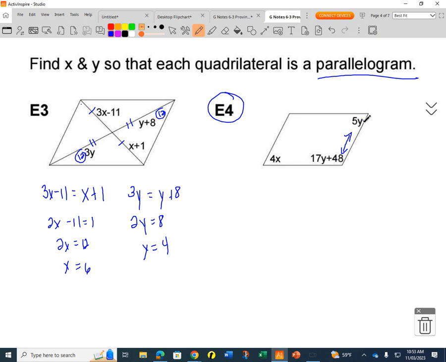Very good. So they share a side. They're consecutive. What do we learn about consecutive angles in a parallelogram? Brandon, what did we learn about consecutive angles in a parallelogram? Well, look at your notes from yesterday then.